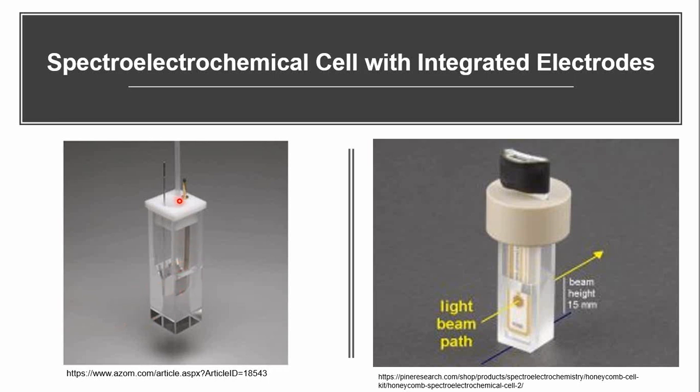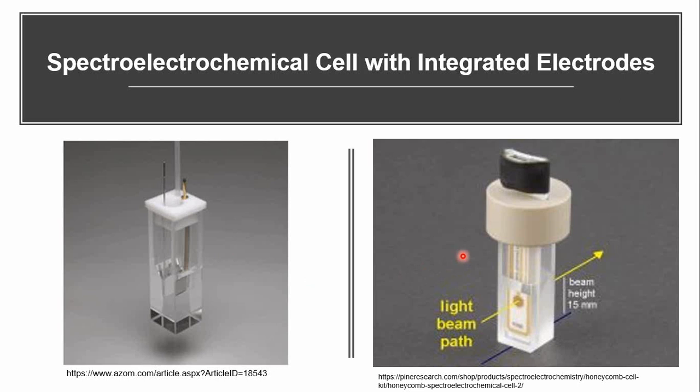The electrochemical connections are present over here, and then there is also a connection for gas, and this makes it very clear how the electrical part and the optical part work. Obviously this is inserted into a spectrophotometer, and this part is connected to the electrical component.